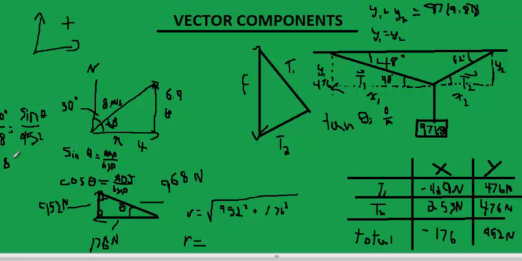But we have to put that in reference to something, so we could say that this is the ceiling, this is 80, and this is 90, that's left with 10 degrees. So we have a total tension of 968 newtons, 10 degrees from the ceiling.